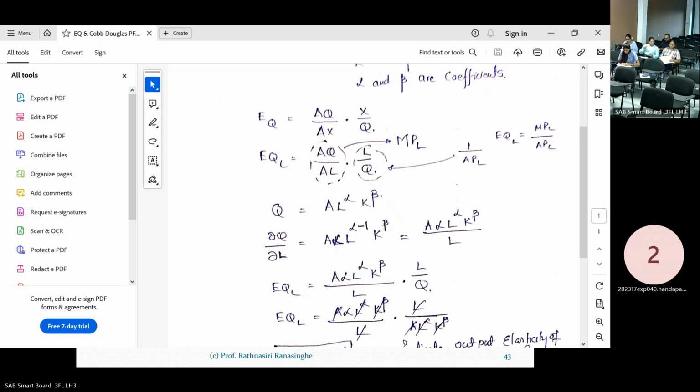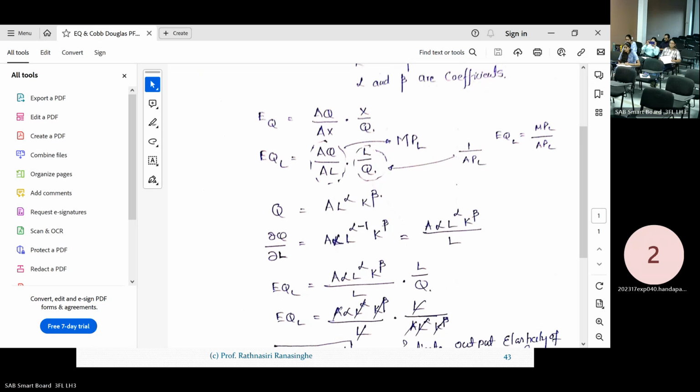Here we have L to the power alpha and L to the power minus 1, so we can take L to the power minus 1 down to make it positive. So we can write the equation as A alpha L to the power alpha K beta divided by L, the same thing.